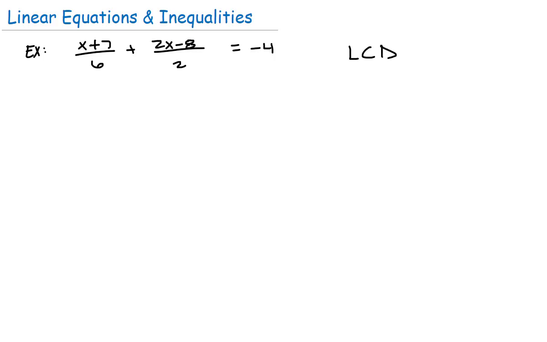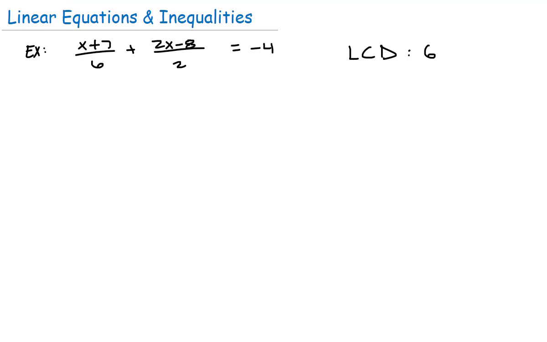So the least common denominator, or LCD, is the denominator that each of the other denominators all multiply into. So if we have a 6 here and a 2 here, and technically there's an invisible 1 here, so we don't even have to worry about that one. 2 and 6 both go into 6. They both multiply into 6. 6 times 1 is 6, and then 2 times 3 is 6.